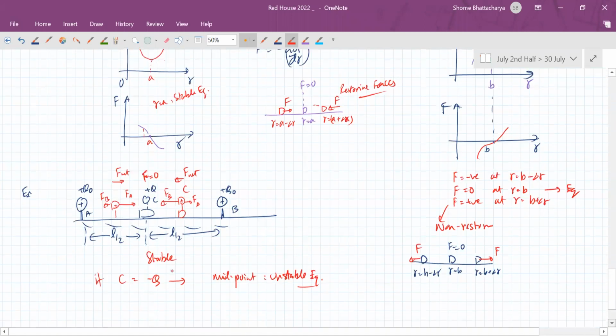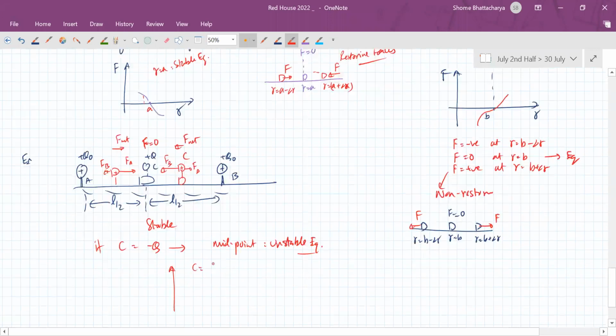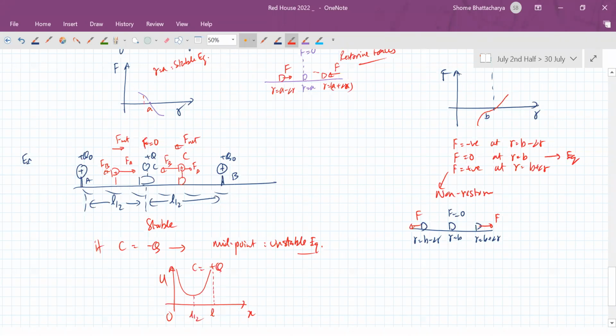For the positive case of C, your potential energy versus the distance of C from one of the charges will be like this, asymptotically approaching infinity. Whereas for C being negative, the graph would actually be like this.